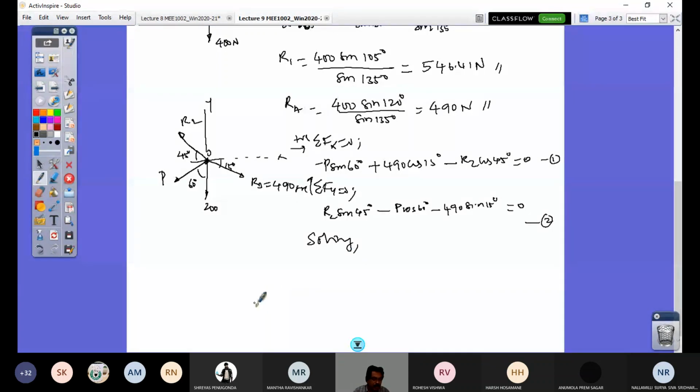The P value is 107.18 Newton, inclined 60 degrees to vertical. This P is found. And what is R2? R2 would be 537.85 Newton. So this is how we can solve.